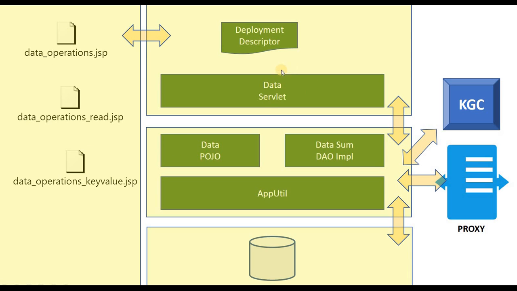All of this will be executing DataServlet.java, which will internally make use of that POJO along with the data sum DAO layer and API util for performing KGC and proxy communication. So this is how our module 5 will be implemented.